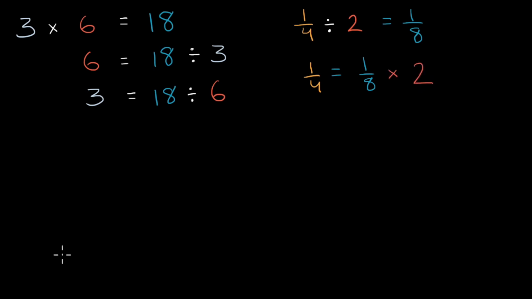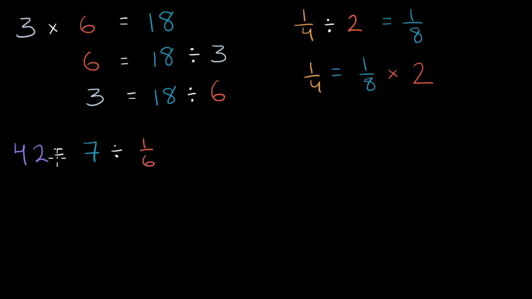And we could do another example. Let's say that I were to walk up to you on the street and I were to tell you that 42 is equal to 7 divided by 1/6. In the future, we will learn to compute things like this.